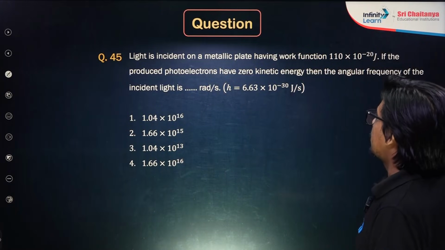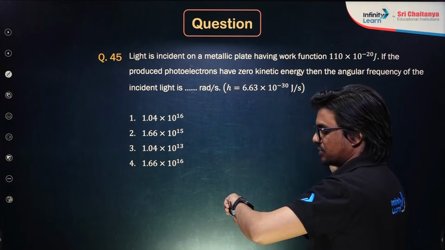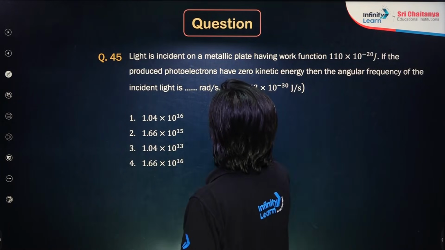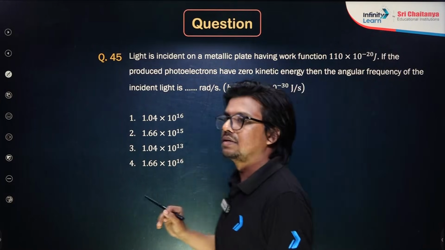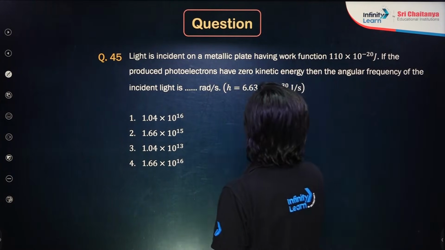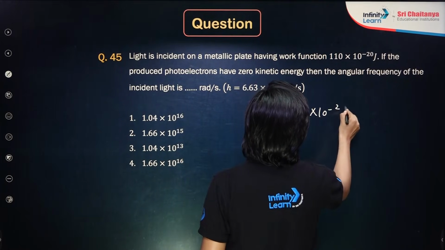Light is incident on a metallic plate having work function of 110 into 10 raised to the power minus 20 joule. If the produced photoelectrons have zero kinetic energy, then the angular frequency of the incident light is. So work function is equal to 110 into 10 raised to the power minus 20.